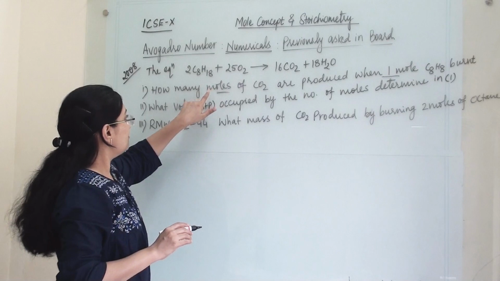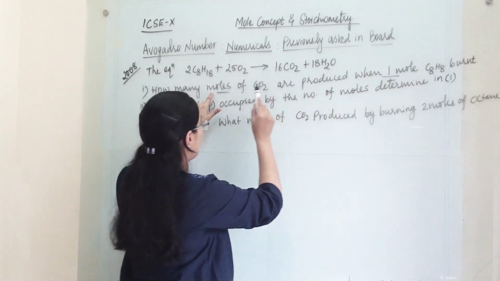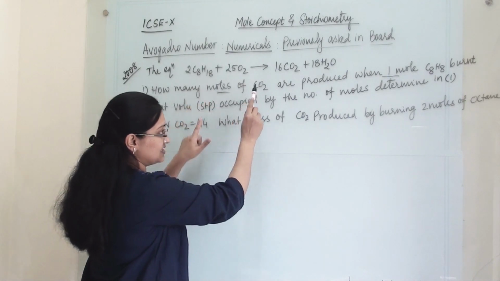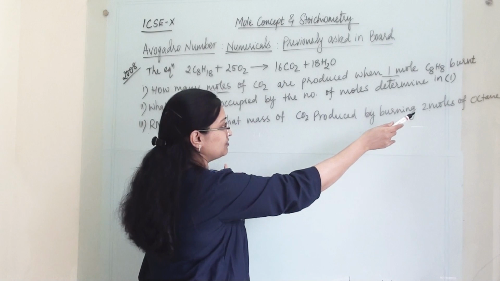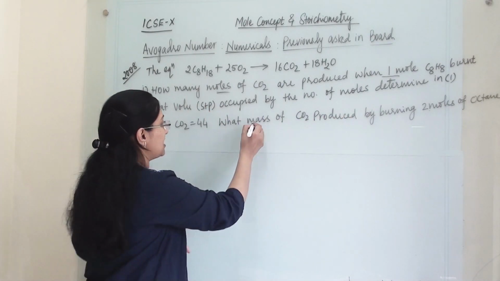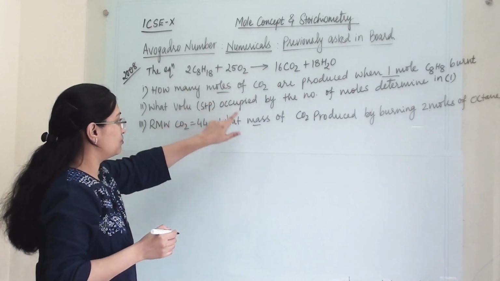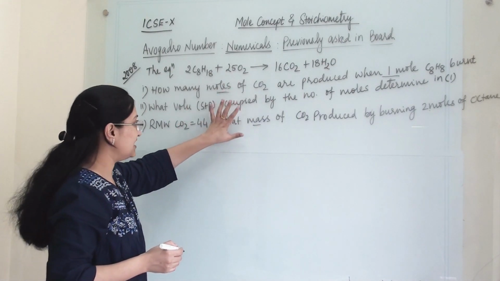So here we have to find out when 1 mole of octane is burned, how much carbon dioxide we will get. Then when 2 moles of octane are burned, how much carbon dioxide we will get, and that too in mass. First we have to find it in moles and then in mass.